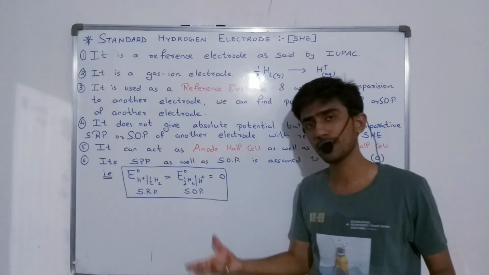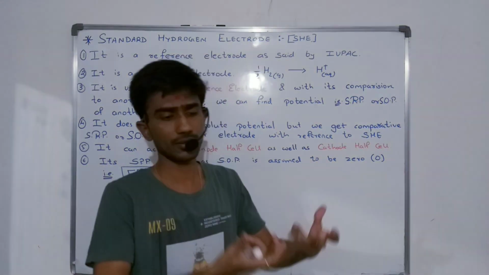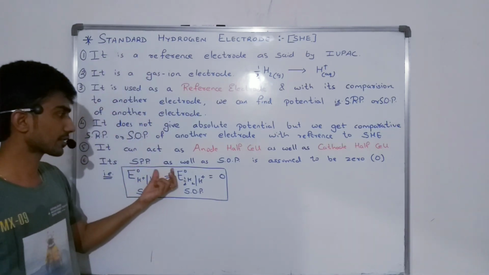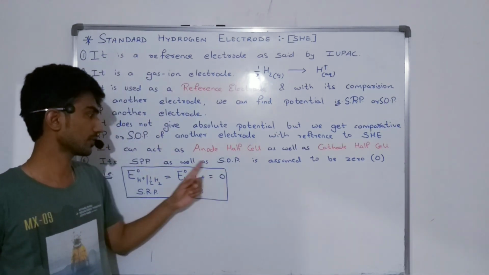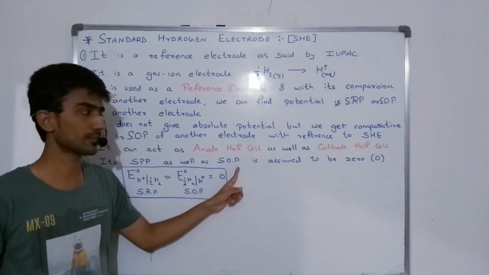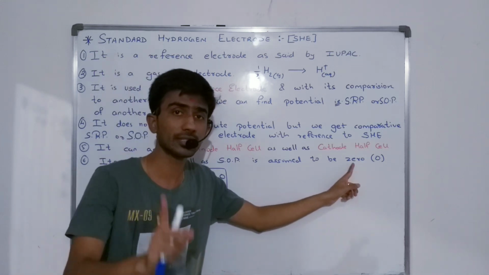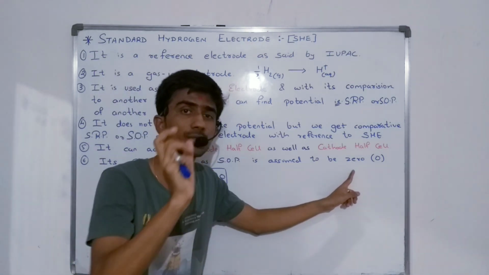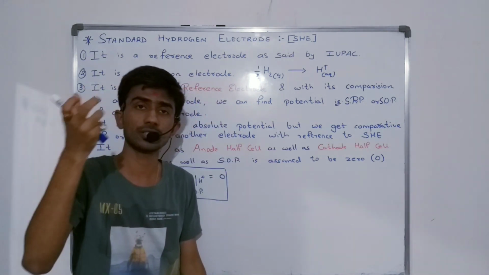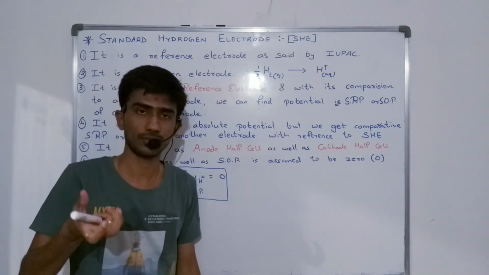That means you can take it on any of the sides, on the anode as well as on the cathode. Its standard reduction potential as well as standard oxidation potential, SRP meaning standard reduction potential and SOP meaning standard oxidation potential, is assumed to be 0. It is not 0. It is assumed to be 0, because with the help of this electrode we are going to get the reduction potentials of other electrodes. Why?